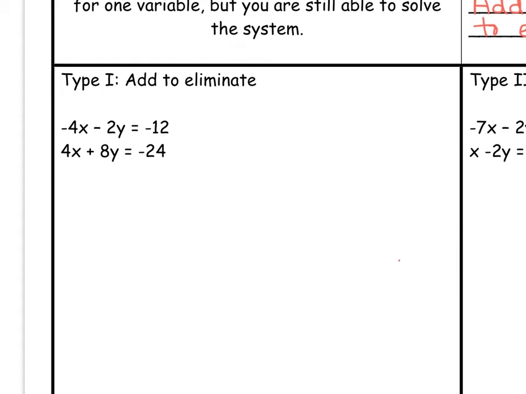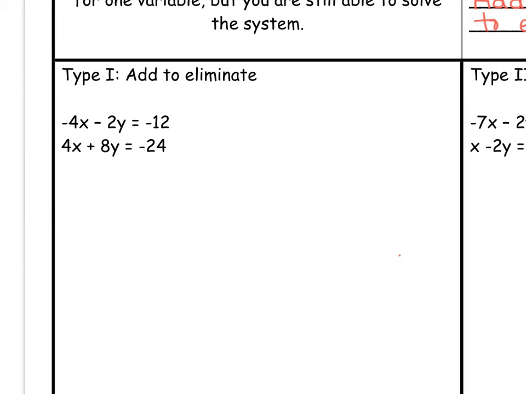We're going to add these two equations so that we can eliminate, in this case, x. If I add -4 and +4, that gives me 0x. -2y plus 8y is 6y, and -12 and -24 is -36.